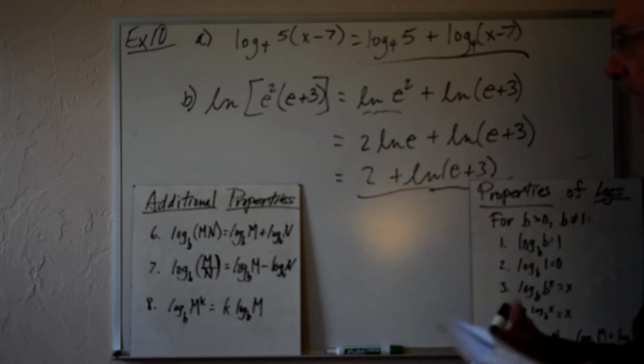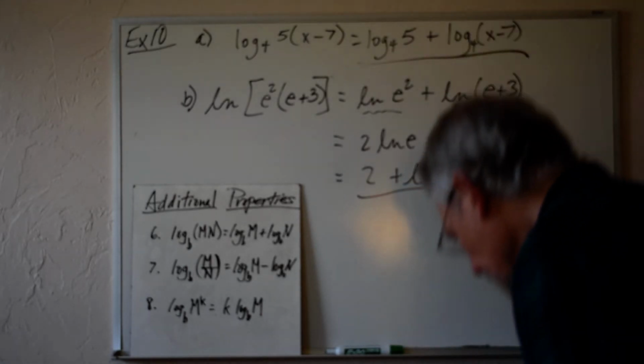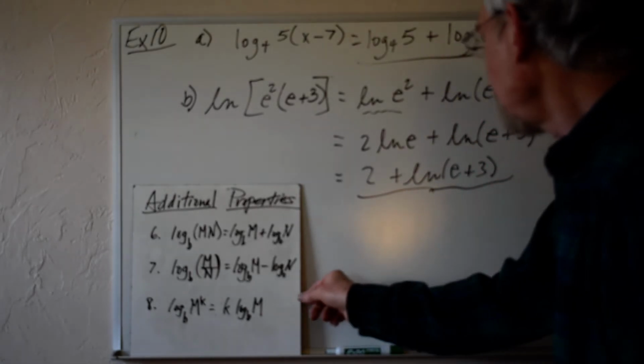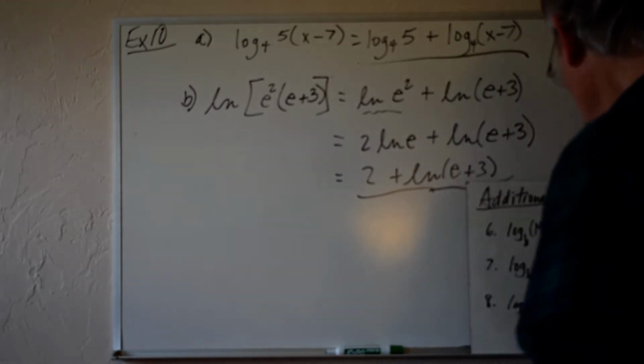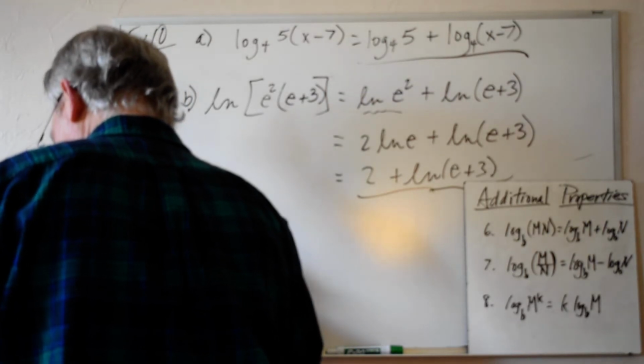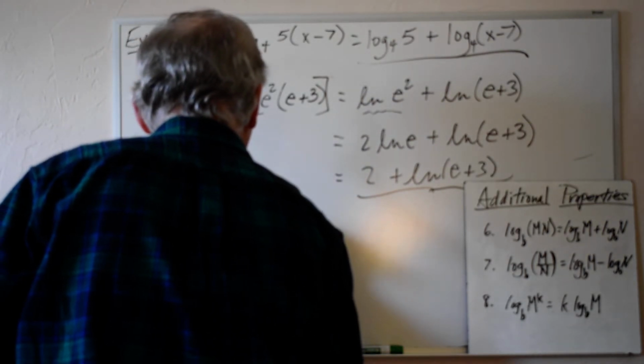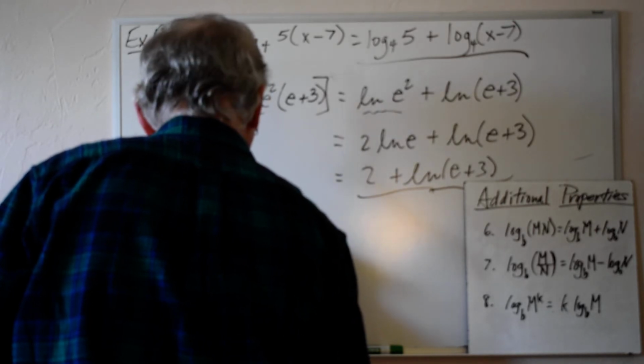In part C, we have a division going on. I have the common log of x minus 8 over x.